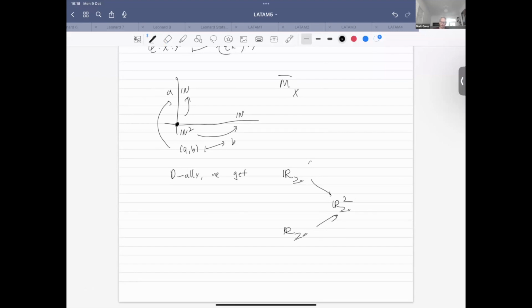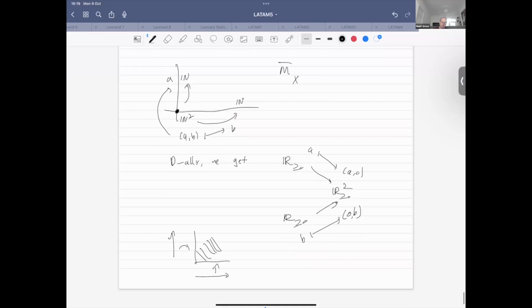Namely, a gets mapped to (a,0), and b gets mapped to (0,b). So if I were to draw this, we have the first quadrant and the inclusions of two faces. So in this case, the cone complex isn't very exciting. It's just the first quadrant with its two faces. So that's the first example.